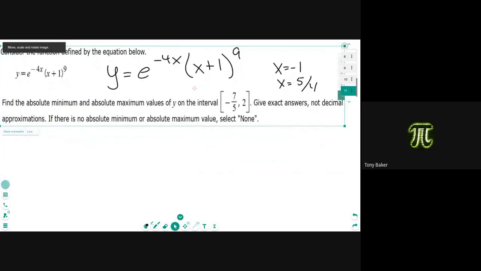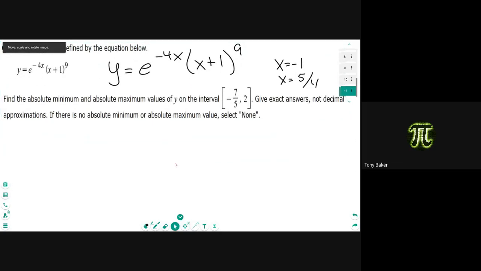It's asking for just the absolutes. It is not asking for locals. So you are going to plug those 4 numbers into the original problem and see which one is the highest and which one is the lowest.